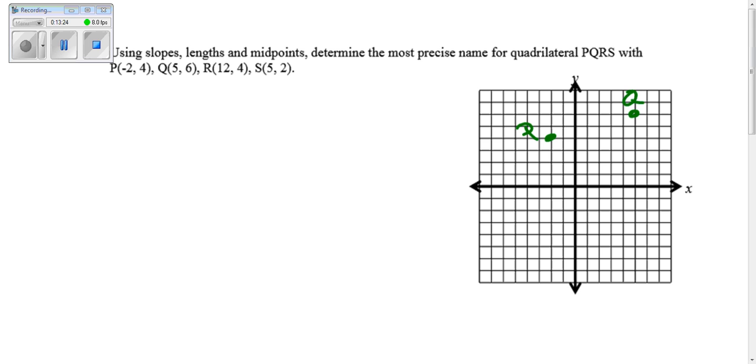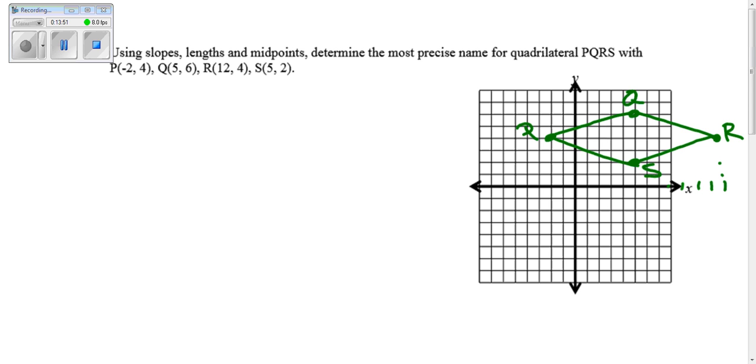R does run off the paper, so we're going to do the best we can. And then S is at 5, 2. Okay, there is my quadrilateral.